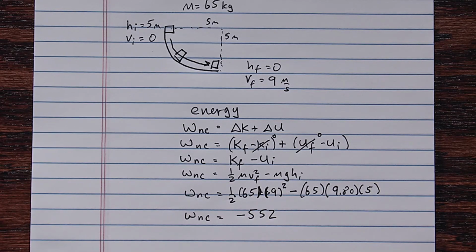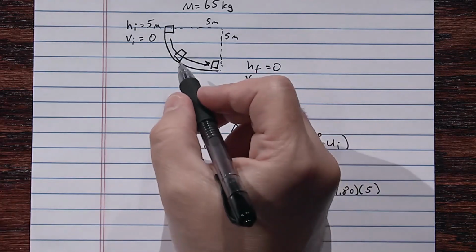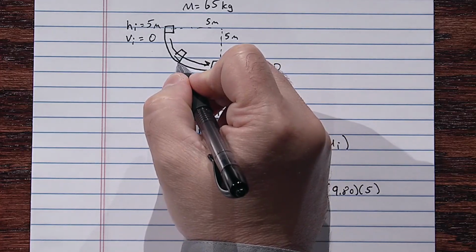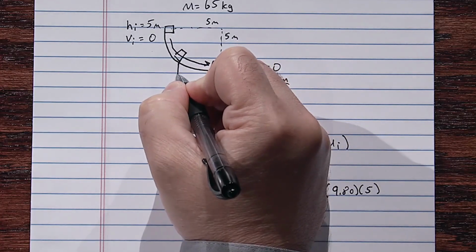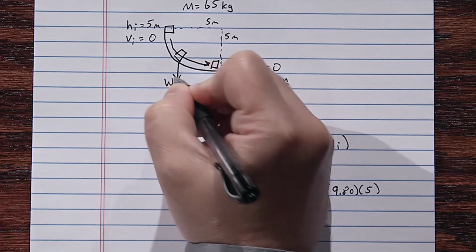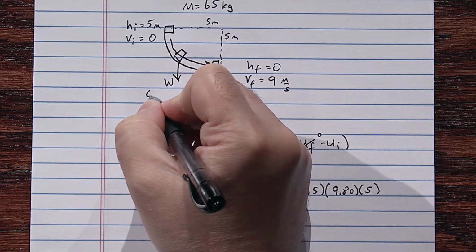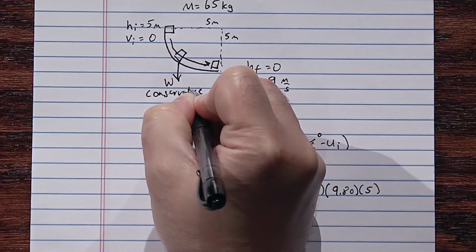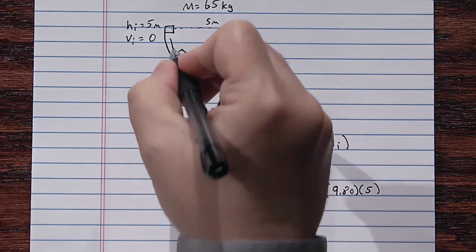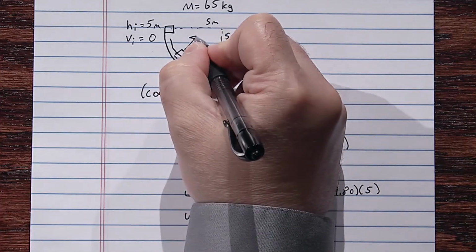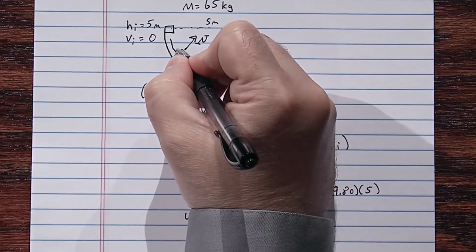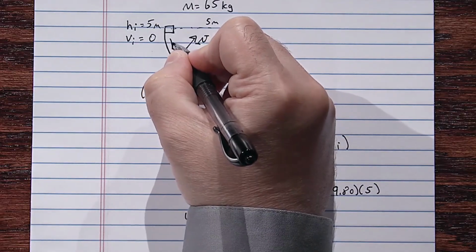Now, let's think about what force did that work. I've drawn Jim here in the middle, and let's draw the forces on him. We have his weight, but that is conservative. We have the normal force from the pipe, and we have friction.